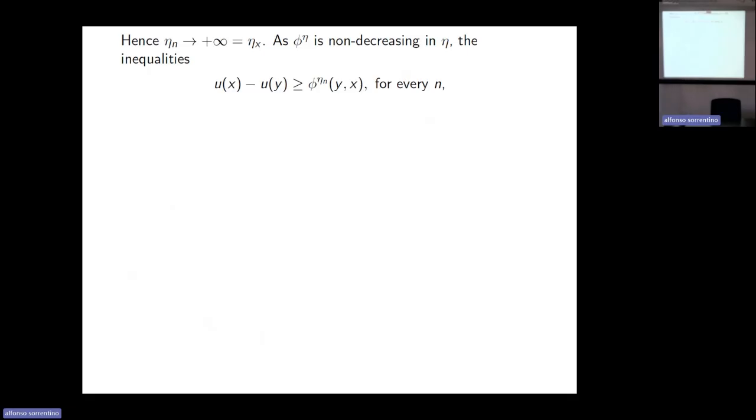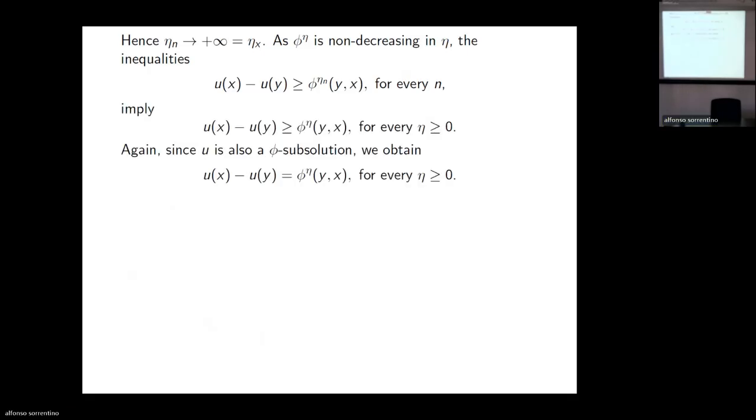I can let now eta n go to infinity, or I can just say that because eta n goes to infinity and phi eta is non-decreasing, I have the inequality for every eta. And because it's a phi solution, I have equality everywhere for every eta, and therefore I get this one.